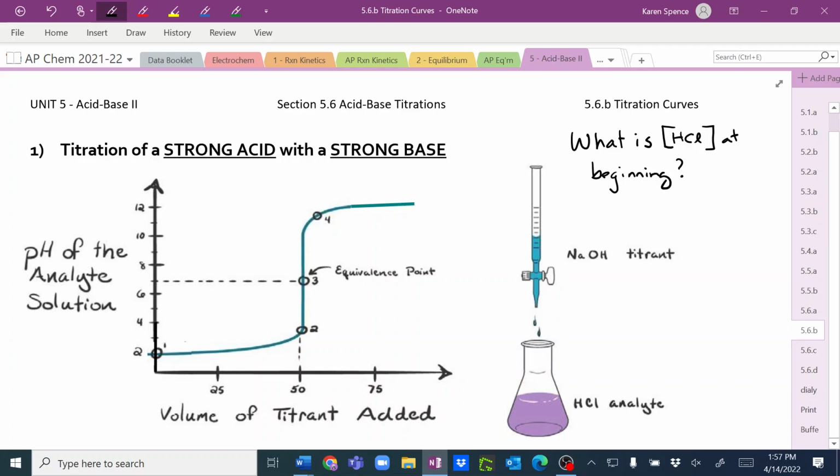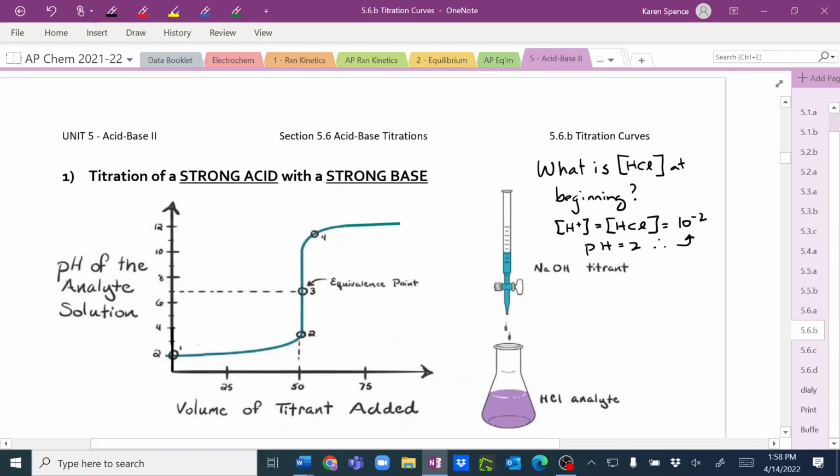Oh, 0.01 molar. How'd he do that? And we know that the pH is 2, and therefore 10 to the -2. Yes? Okay.